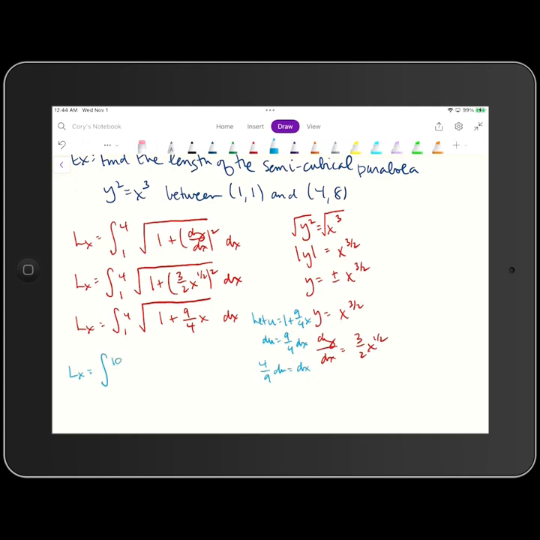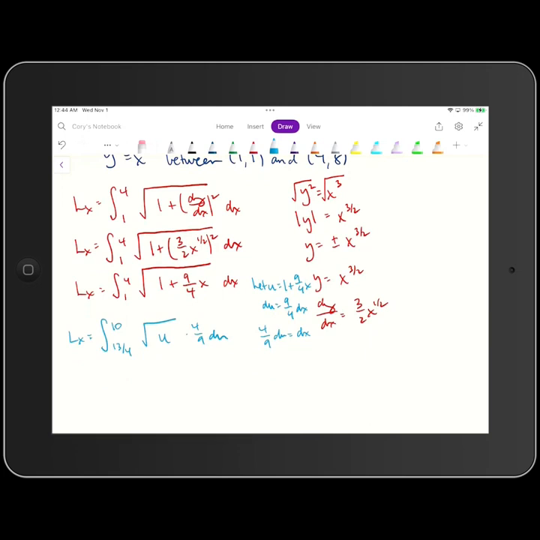And then when I plug 1 in the place of x in that u equation, we get 1 plus 9 over 4, which is 13 over 4. Okay, and then I'm going to wind up integrating the square root of u. We're going to replace dx with 4/9 du.